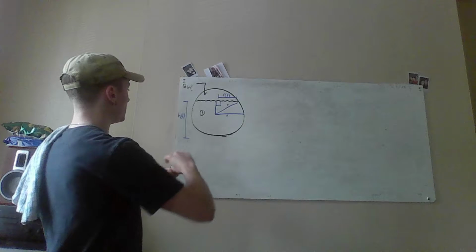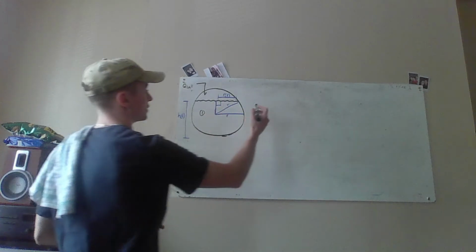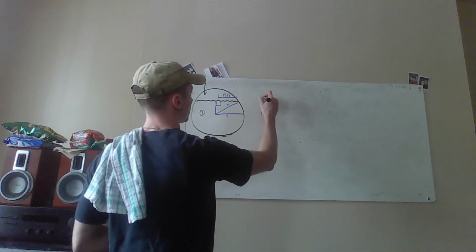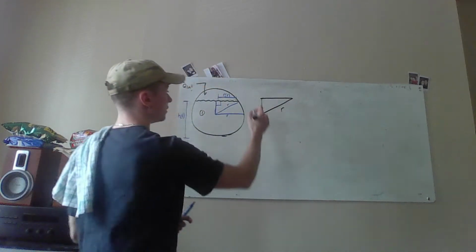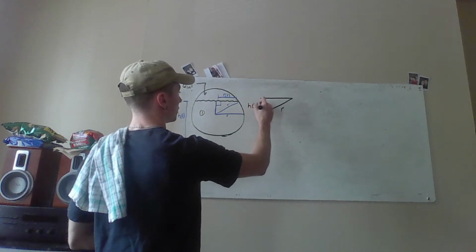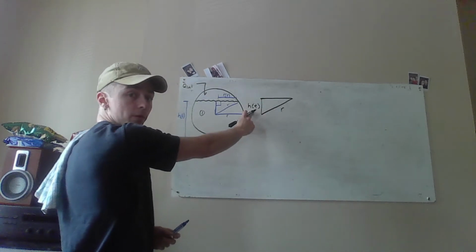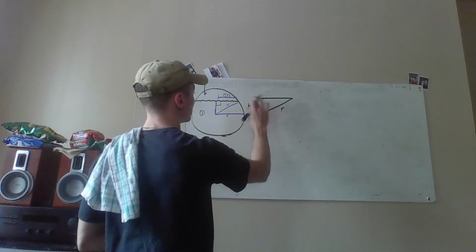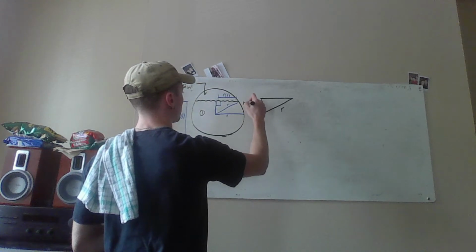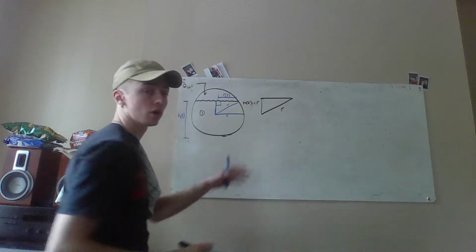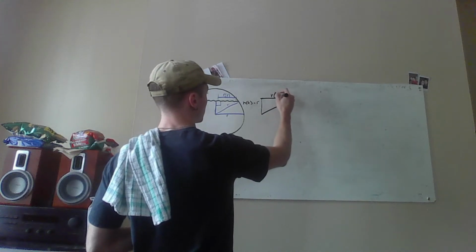So basically, after we have this triangle set up, we have a triangle with the radius, the height of the fluid dependent on the radius, minus the height of the fluid dependent on time, minus r, and then this is the radius dependent on time.